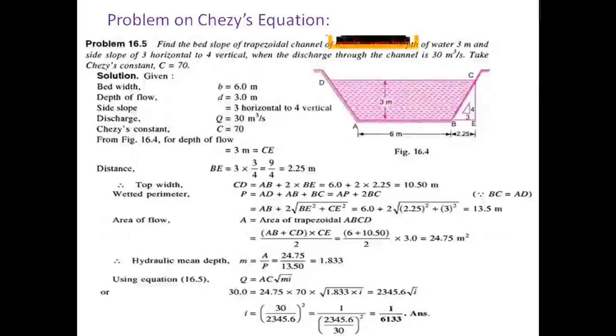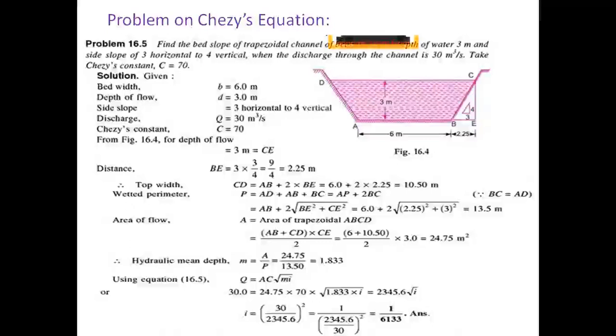For that, find the top width of the channel, bottom width is already given. Find the area of the channel and wetted perimeter. By the ratio of area and wetted perimeter, find the hydraulic mean depth. By using these values in the formula of Chezy's constant, Q equals AC root mi, finally you get the discharge value.